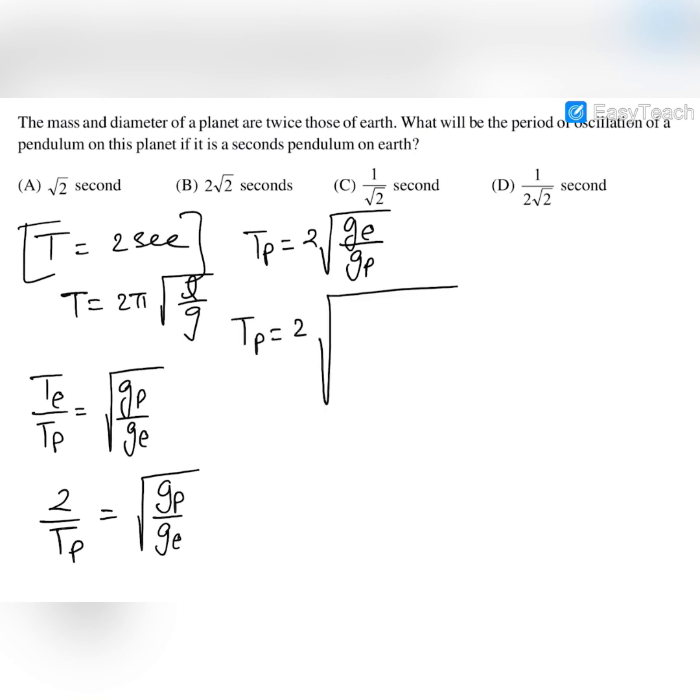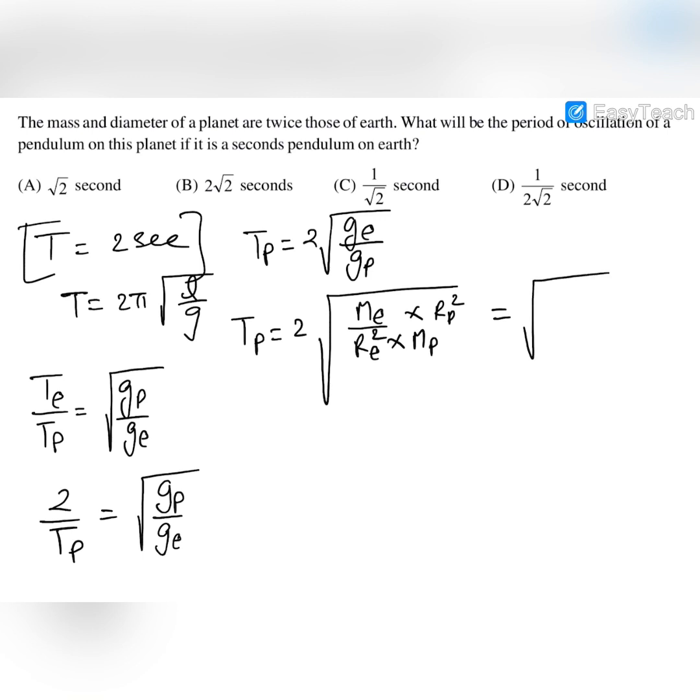Let us substitute the values of g. We know that g is capital G M by r square, and G would be cancelled out. So this is M of Earth upon r of Earth whole square into M of planet upon r of planet whole square. Now it is given that the mass and diameter of that planet are twice that of Earth.